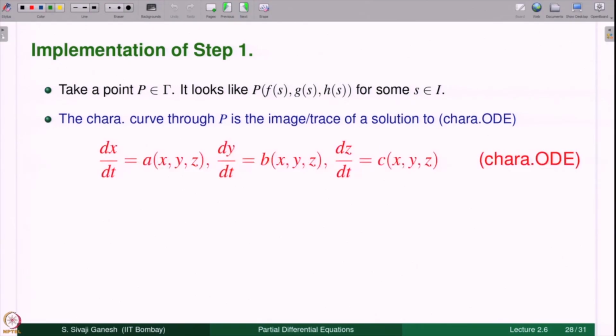This is the system of characteristic ODEs, dx by dt equal to A, dy by dt equal to B, dz by dt equal to C. What are A, B, C? A, B, C are in QL. What is QL? A u_x plus B u_y equal to C. Satisfying the initial conditions, I need these solutions of these ODEs to pass through this point. So, at t equal to 0, x of 0 is F(s), y of 0 is G(s), z of 0 equal to H(s).